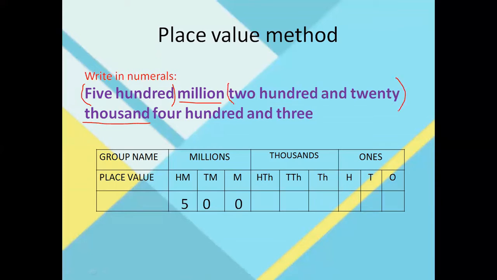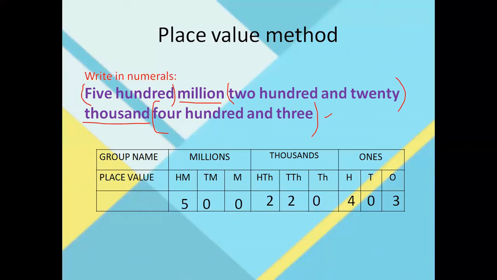So 220 can be written as 220, in the thousands group. And the rest of them is the ones group, 403. 403 can be written as 403. So note that and remember it. Every group should have 3 digits in the international system.